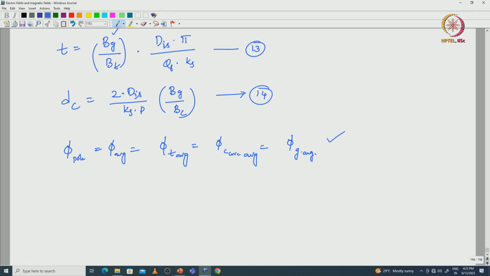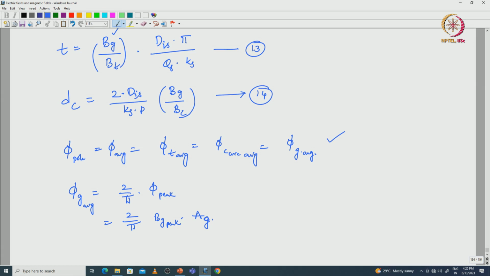It will be the same inside the machine. From here, flux at the air gap phi g is equal to the average value 2 by pi into flux peak value. So, here flux is nothing but B into A, Ag.